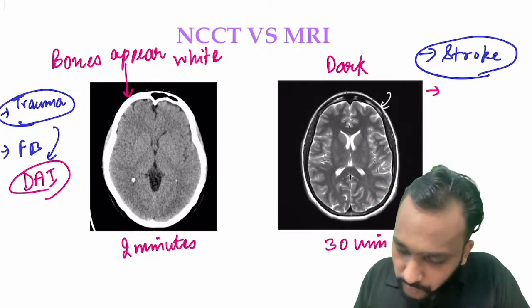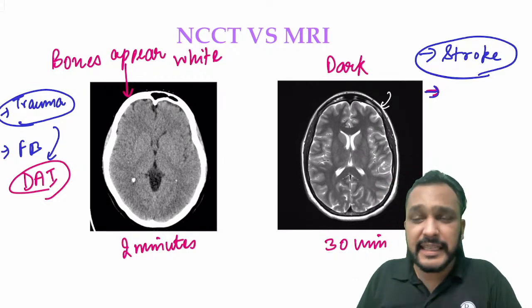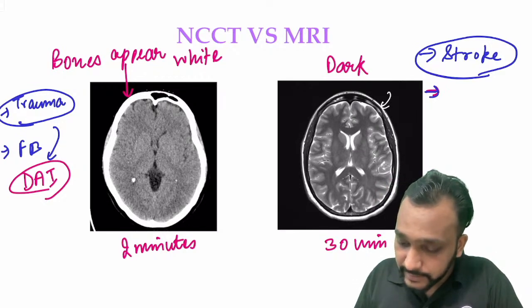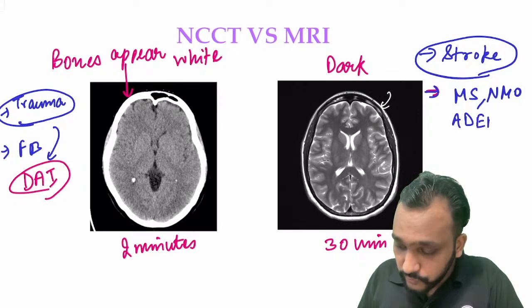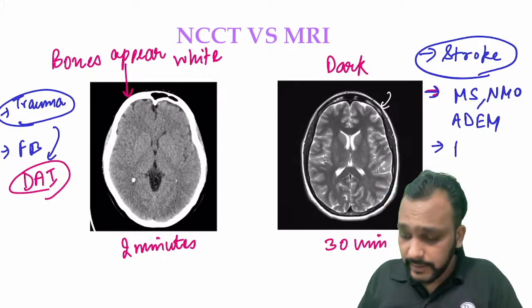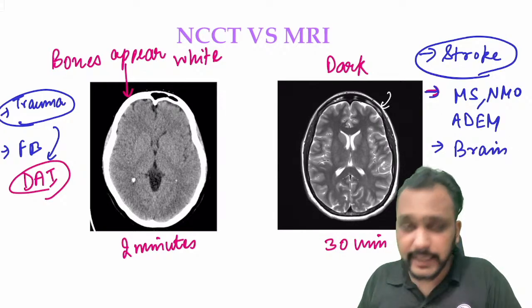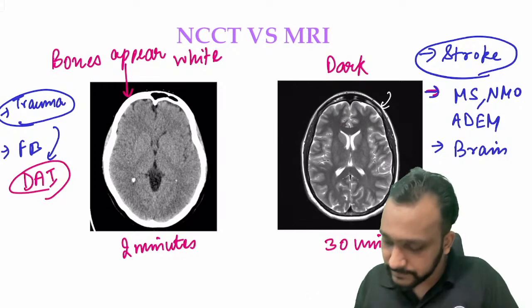So we will go for MRI in patients with stroke, right? If there is any demyelinating disorder like your multiple sclerosis, neuromyelitis optica, or ADEM, we are going to go for MRI. Then if there is any brain tumor, again your MRI will be the investigation of choice, right?